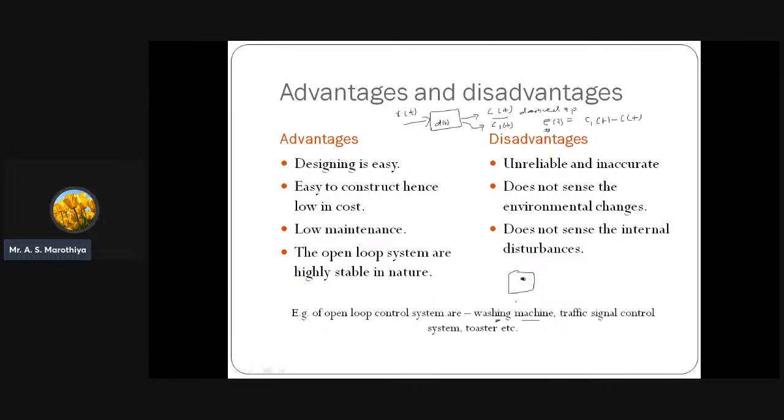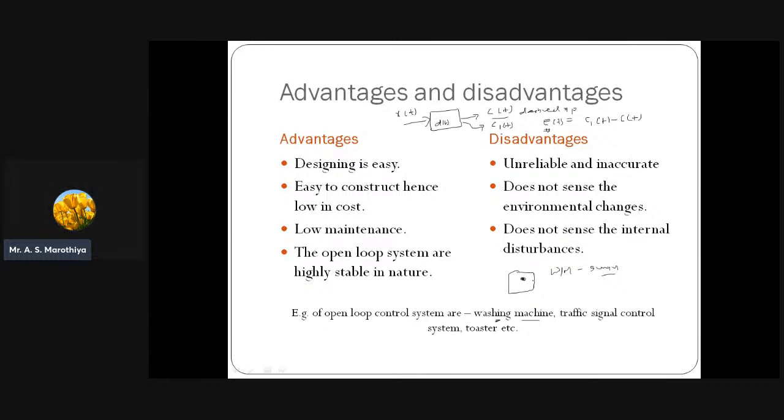Now if the system is open loop, irrespective of whether the dirt is completely removed from the cloth or not, the machine will stop functioning after the predefined duration. For example, if we start this washing machine for say 5 minutes, irrespective of whether the dirt is clean or not, the machine automatically stops after 5 minutes.